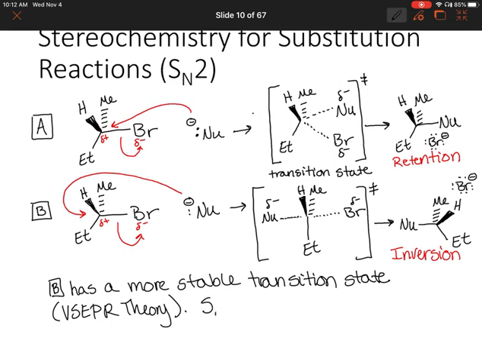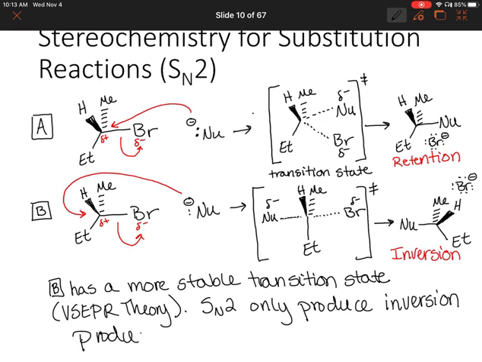So SN2 reactions only produce inversion products. So that transition state is really important. We want a stable transition state.